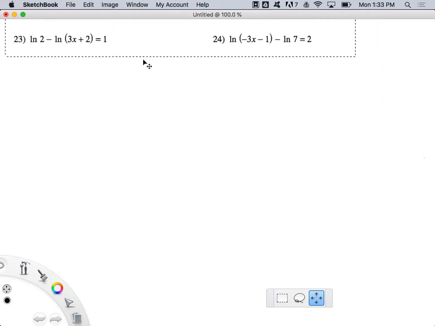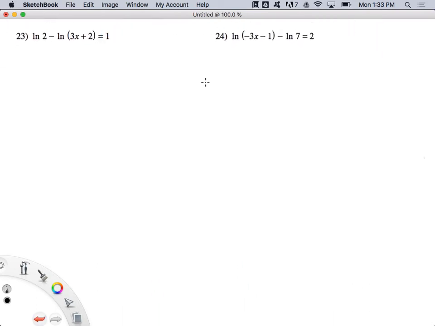Change number 23: cross out plus 2, so it's just ln of 3x, and then make this plus. Does everyone follow that? So it's ln of 2 plus ln of 3x equals 1.